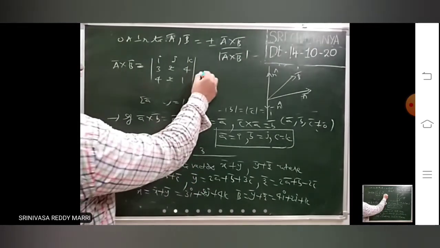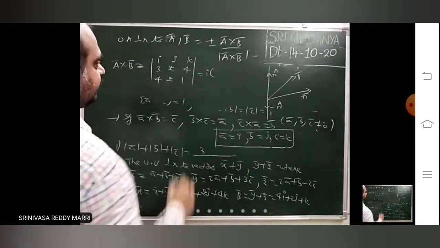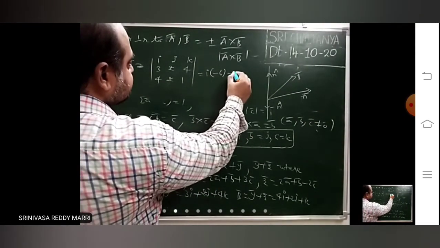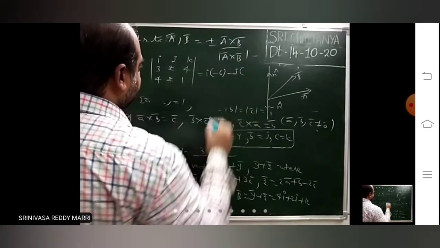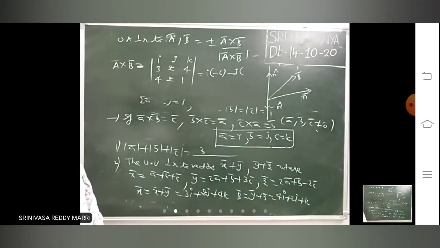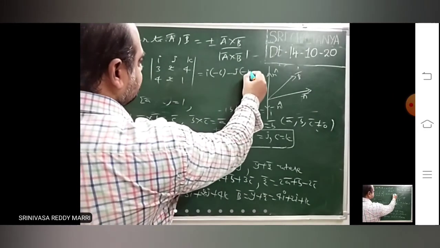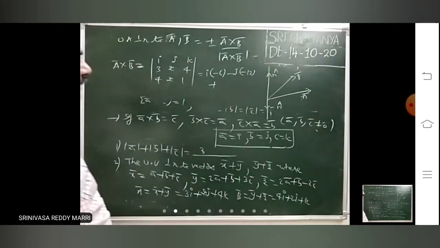Calculate this vector: I into 2 minus 8, minus 6. Minus J into 3 minus 16, minus 13.